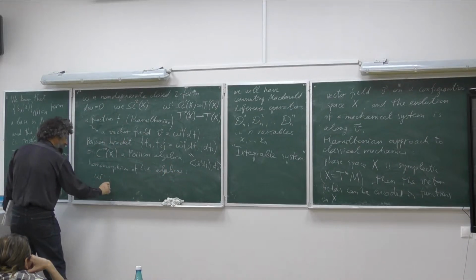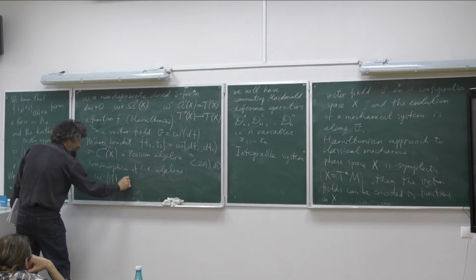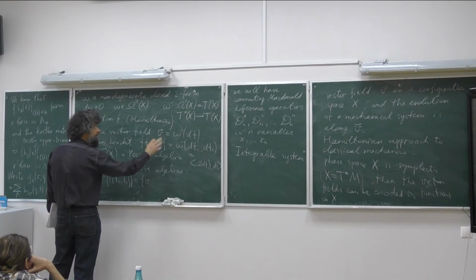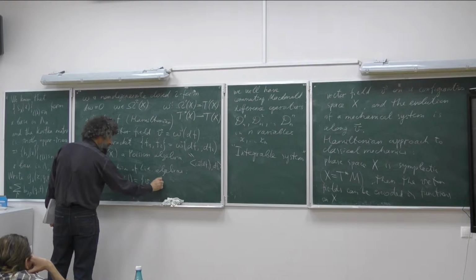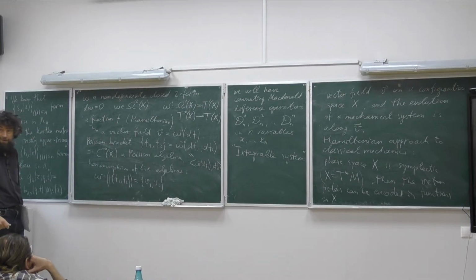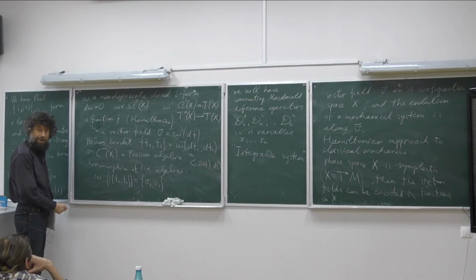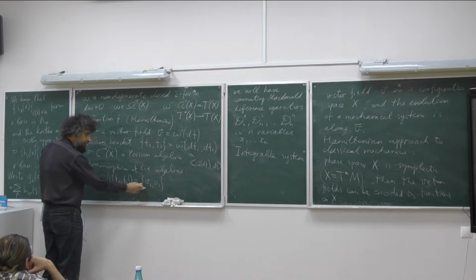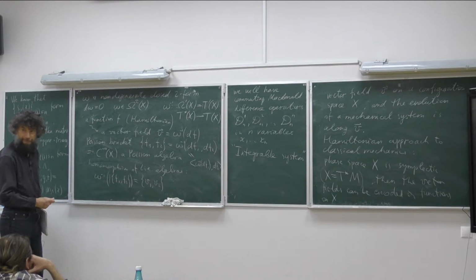Omega inverse applied to the Poisson bracket of f1, f2 is the commutator of vector fields v1, v2. So if two functions Poisson commute, then the corresponding vector fields will also commute.